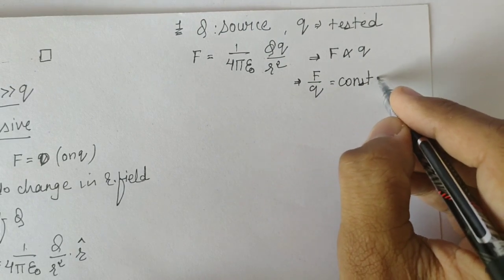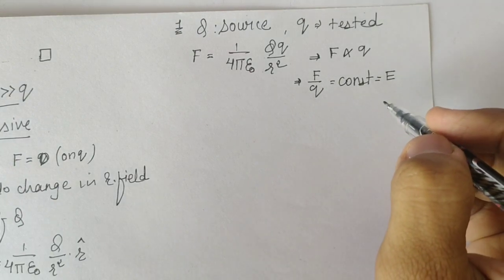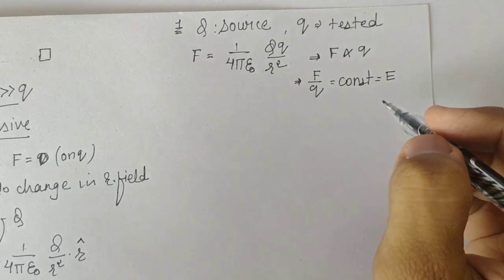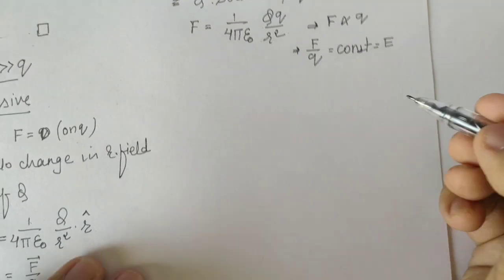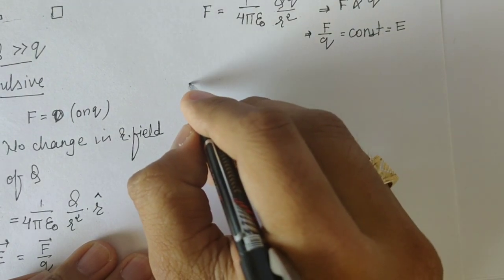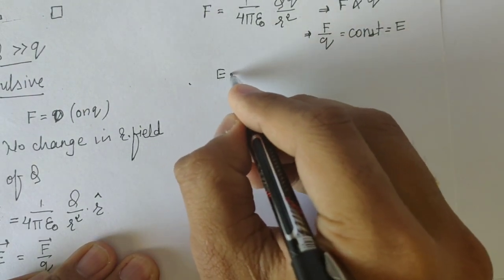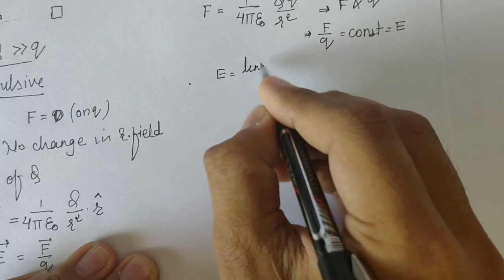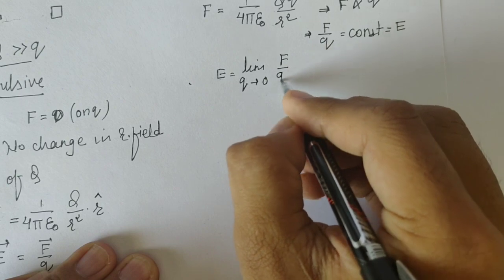But F divided by q is what? Electric field. So the electric field for a particular distance is constant. Now, the ratio of F by q is very small. Why? So listen.